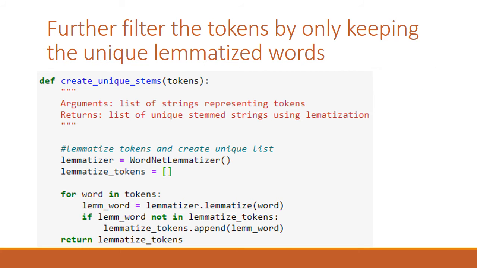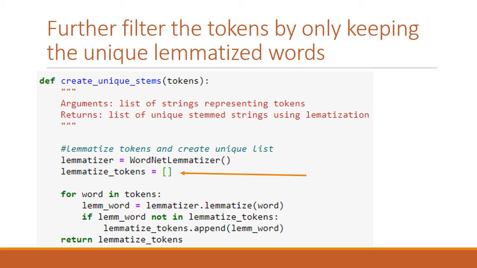Here is an example of a function that will filter a list of tokens by only keeping the unique lemmatized words. So the name of our function is create unique stems. Our argument is a list of strings representing tokens, and the value that this function is going to return is a list of unique stem strings using lemmatization.